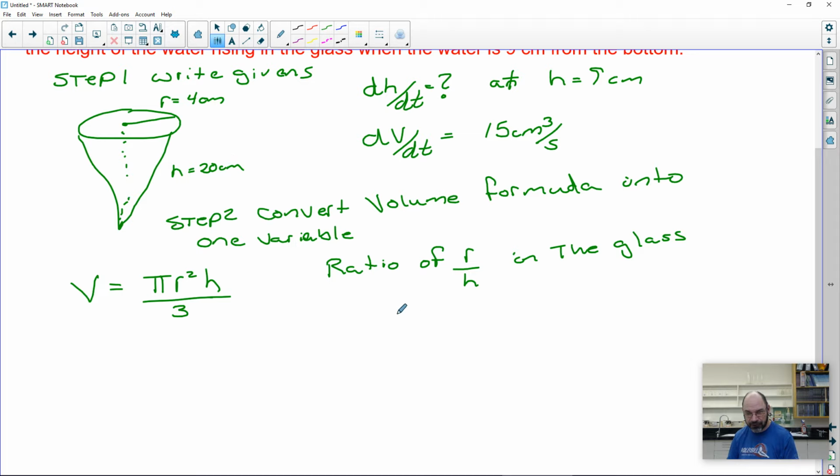So the ratio of R to H is equal to 4 centimeters over 20 centimeters in the given glass. Okay, and now we're going to solve for a particular variable that we want to get rid of. So now we want dH/dt, so we want to eliminate the R. So we're going to solve for R.